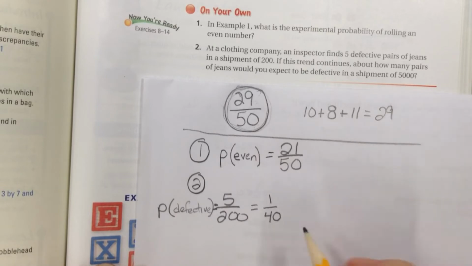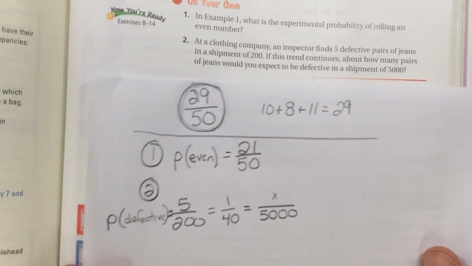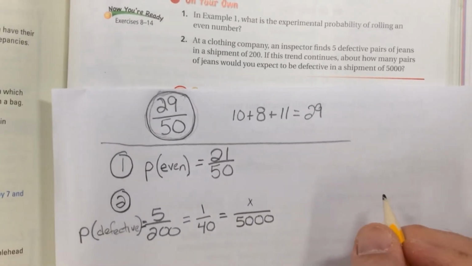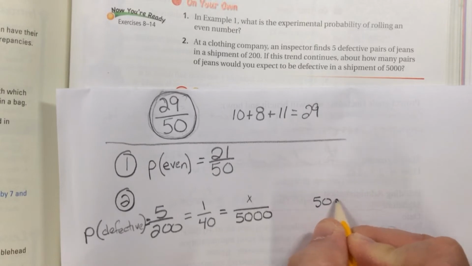We want to know how many out of 5,000. So what would that equal if the total wasn't 40 anymore, but was 5,000? So again, we're using our proportion. And 40 times what is 5,000? I have no idea, but I can figure it out with a little division.